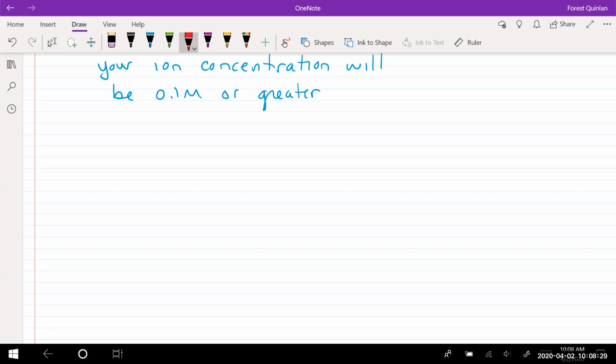All right, let's check this out. The world's most insoluble compound. Go ahead, Dallas, look it up and make sure that I'm wrong.